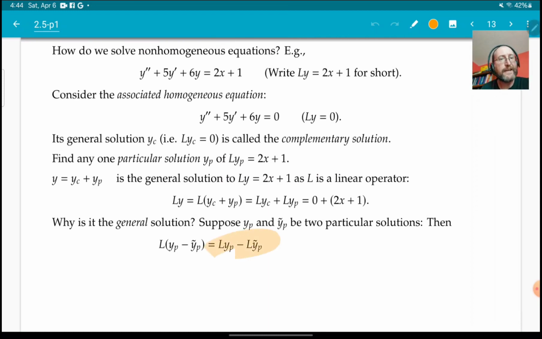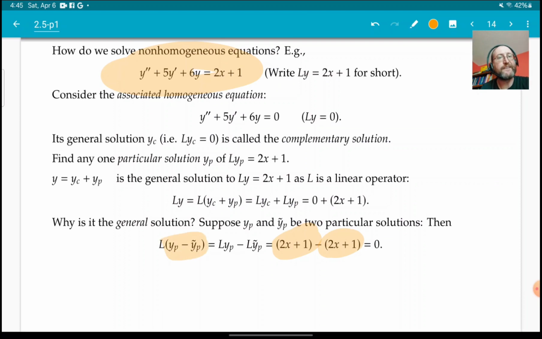Again, by linearity, we get this, and both of these are particular solutions to the original equation, so they're both 2x plus 1. So 2x plus 1 minus 2x plus 1 is 0.